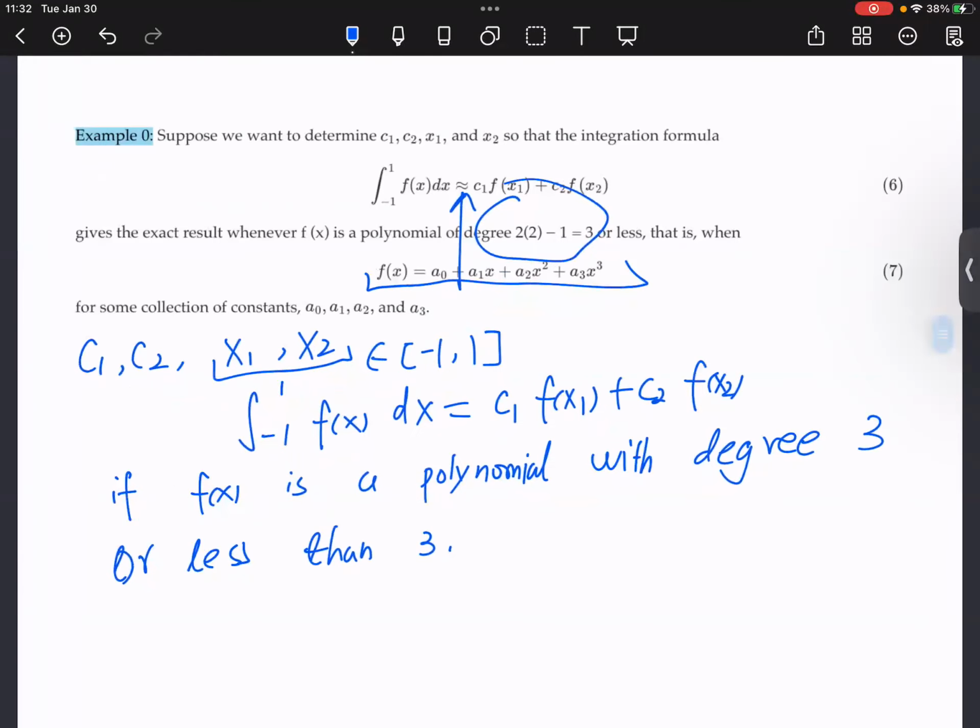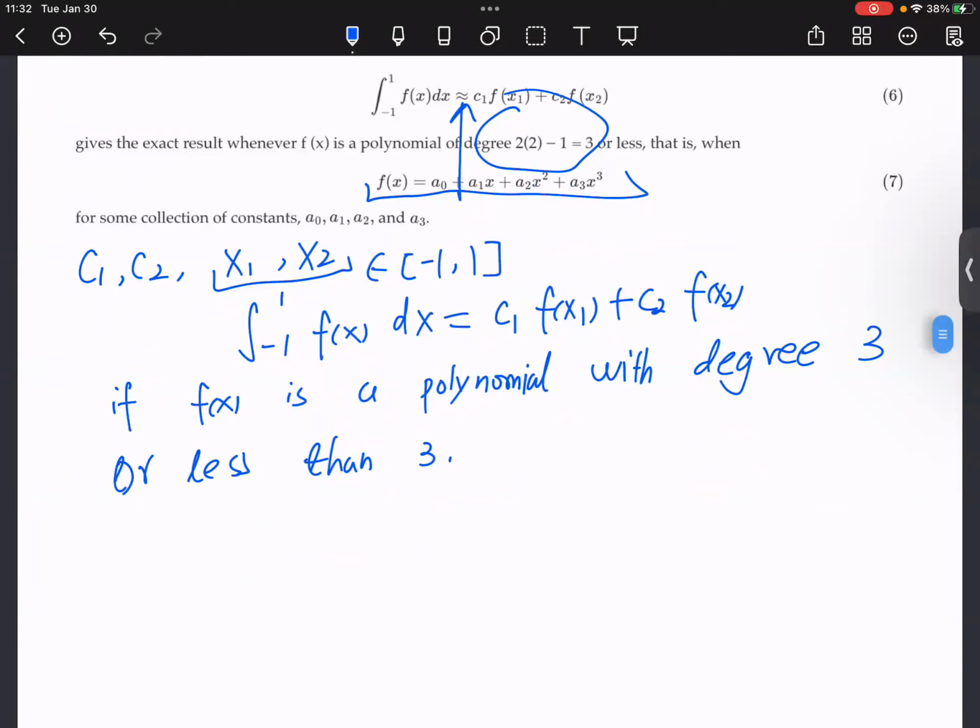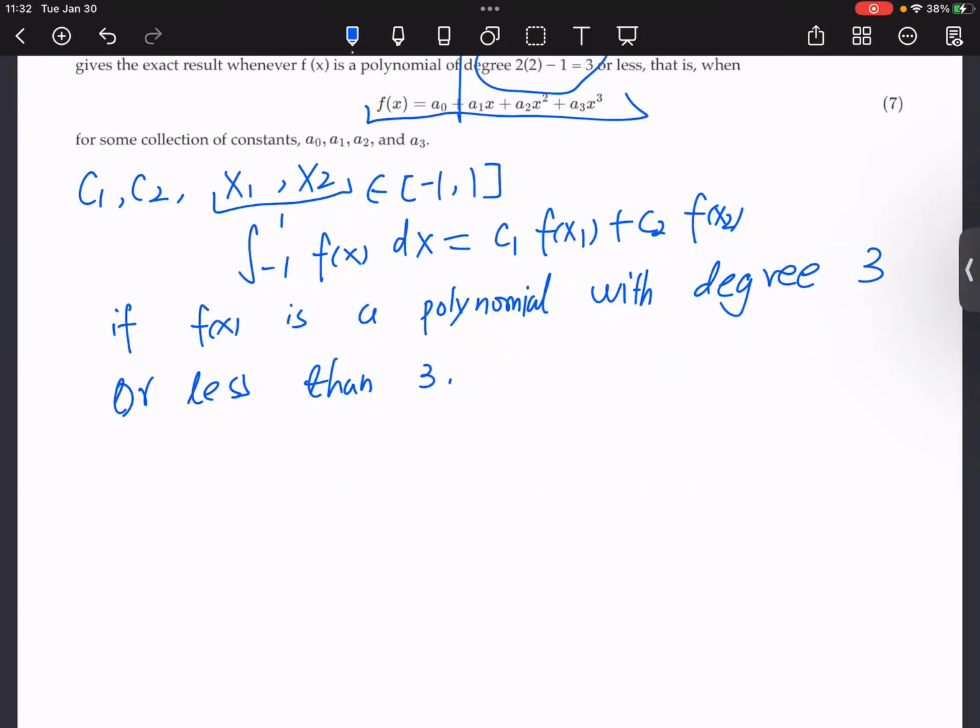So now what's happening here? The f(x) is a polynomial with degree 3 or less. Let's try out the basis functions we have here.